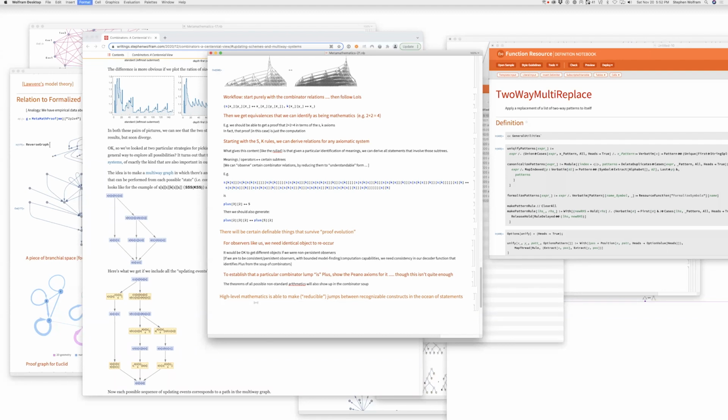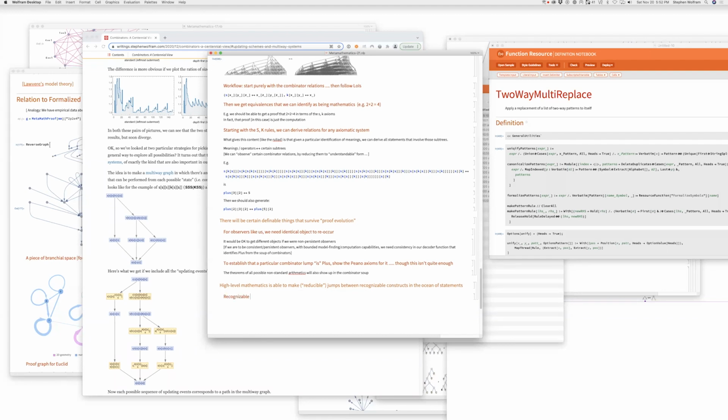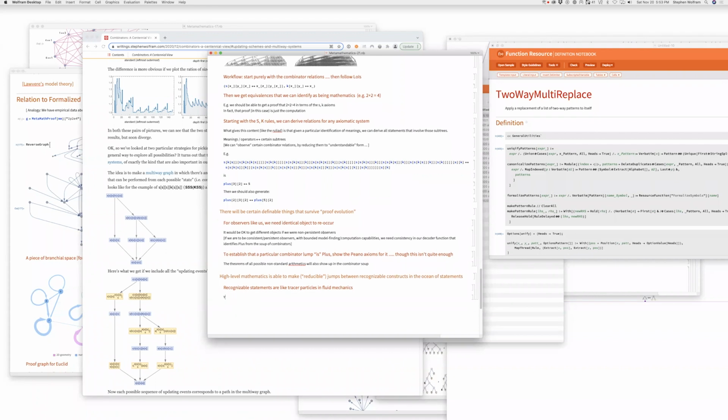So recognizable statements are like tracer particles in fluid mechanics. That is, you can describe their motion even though they're just point particles. You can describe their motion in terms of fluid behavior without going down to the molecular level.